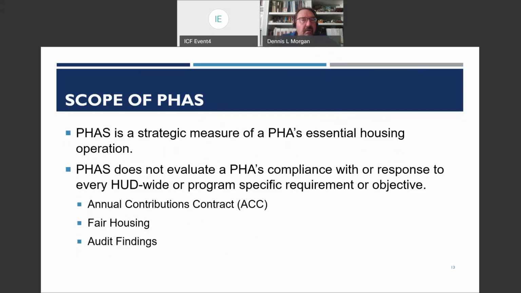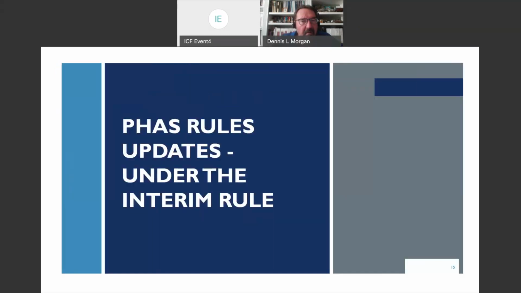So FASS is looking at your essential operations. It doesn't evaluate everything, but it does look at your management, it does look at your capital, it does look at your physical plants, and it does look at the financial as well. We're under what's known as the interim rule.